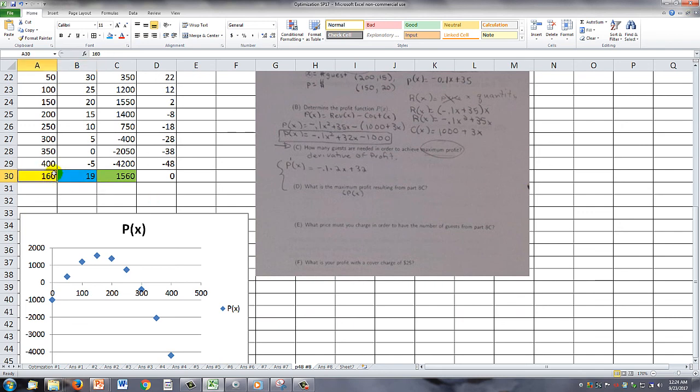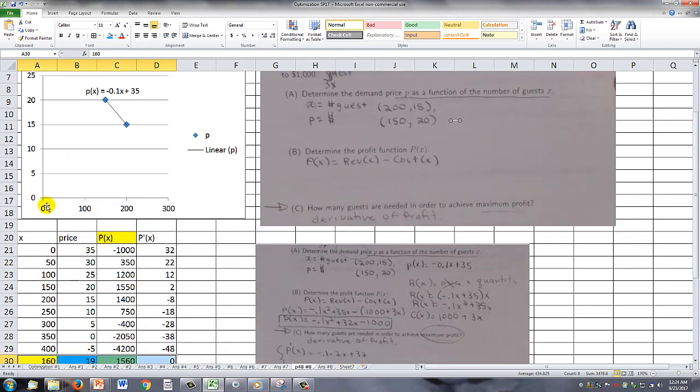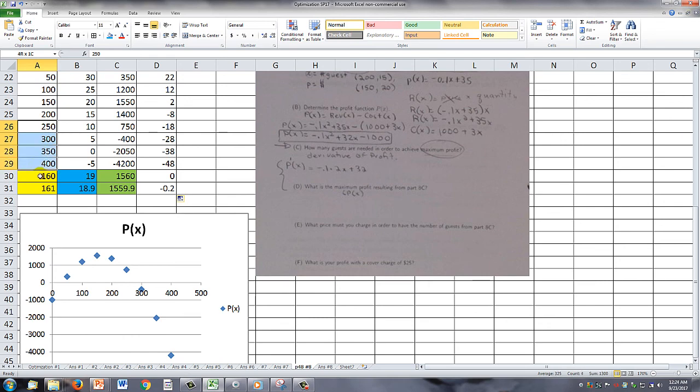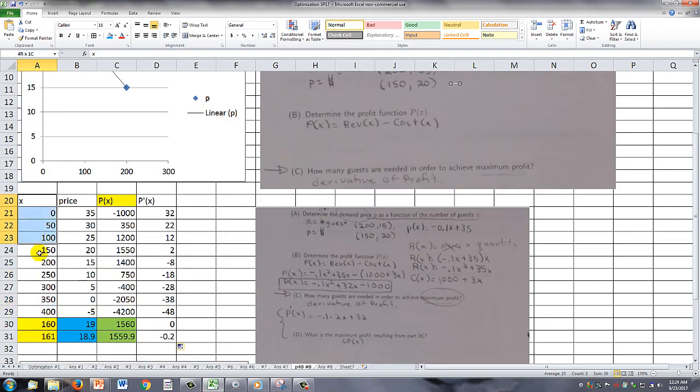And then we just have an input question. It says, what is your profit with a cover charge of 25? So X is number of guests. So this is not an input question, as I just said. It's not, because X is number of guests. So I can't put 25 right here. That's wrong. That's 25 guests.